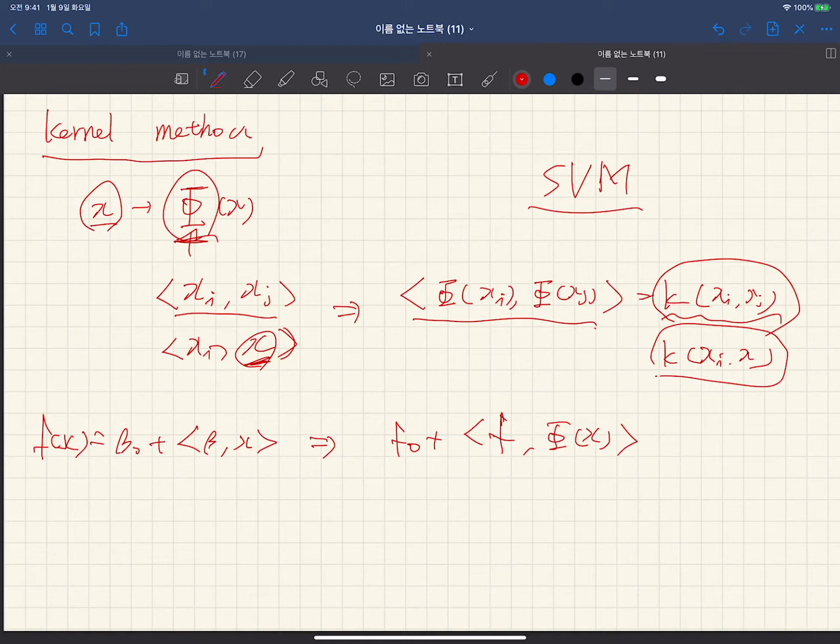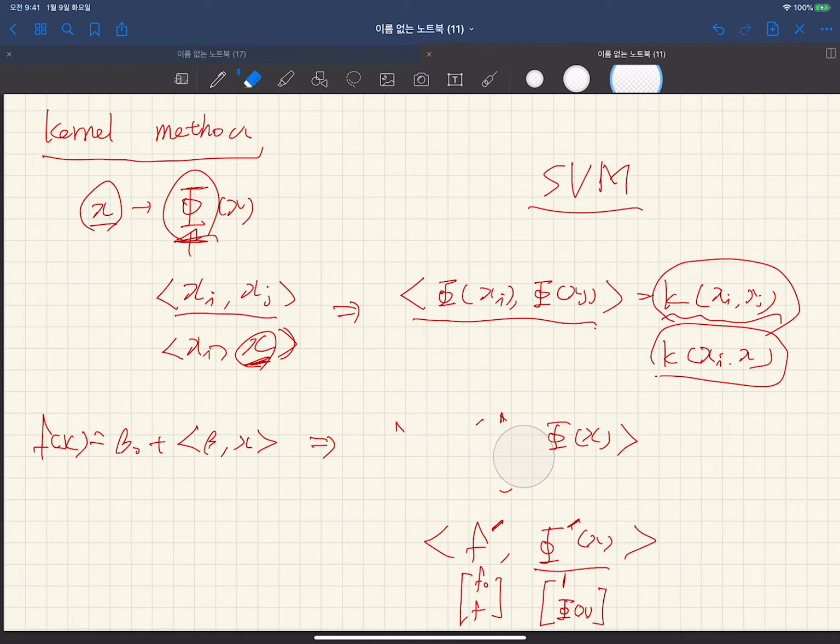Without loss of generality, we can change this form to the inner product of f prime and φ prime of x. Here φ prime is the concatenation of 1 and the φ(x) function, and f prime is f0 and the f vector.